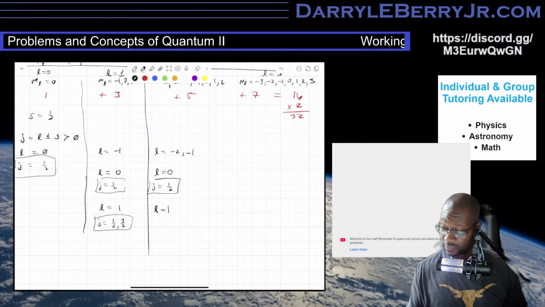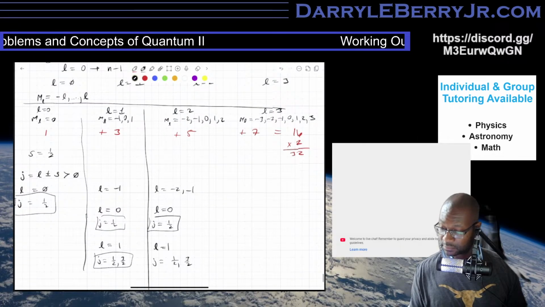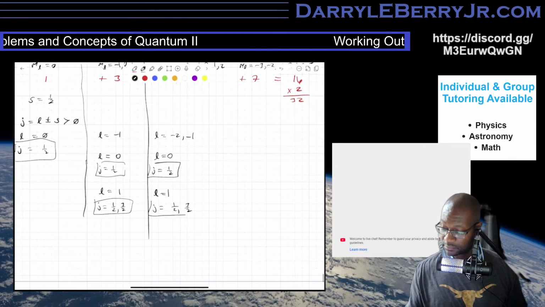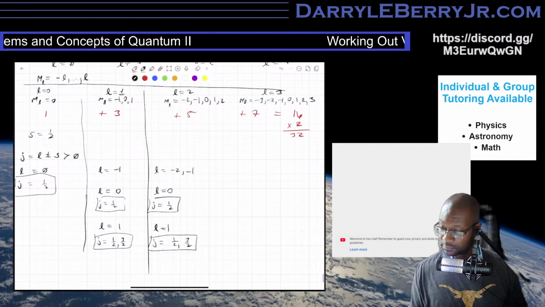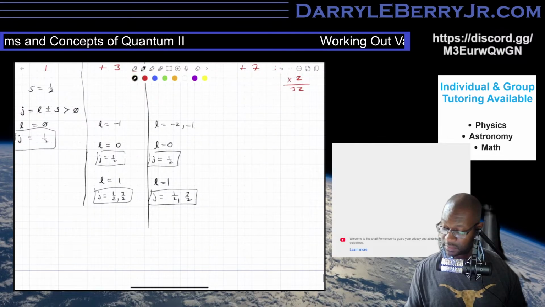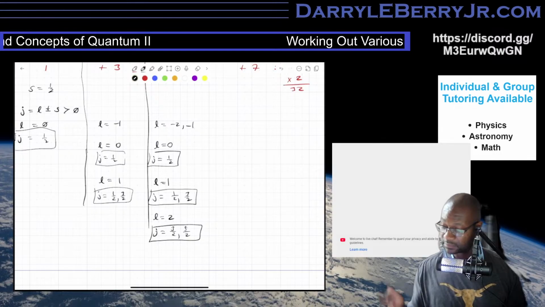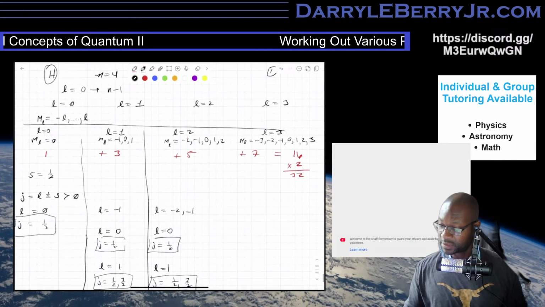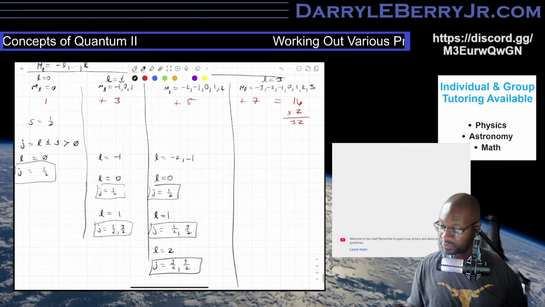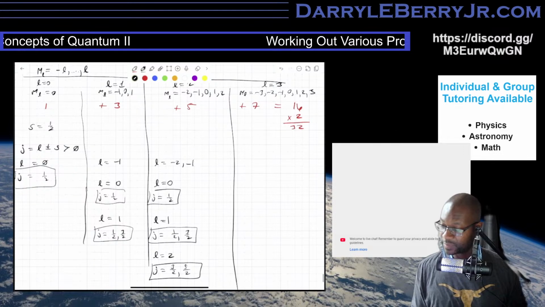If L equals 1, j still equals 1/2 and 3/2. If L equals 2, j equals 3/2 and 5/2. And like I said, I'm working these out, so I have to check and see if I'm adding these up right afterwards.